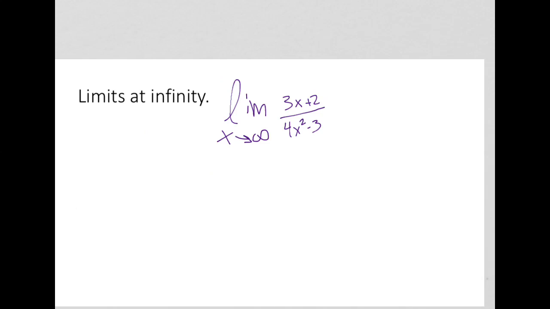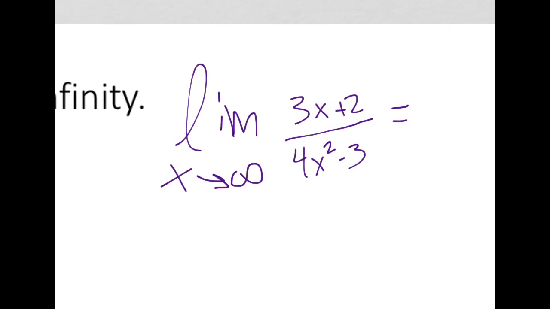So let's think about the limit as x approaches infinity of this function right here. Notice that the degree of the denominator is 2 and the degree of the numerator is 1. And in this instance, again, if you think about these functions, think about a few x values. So imagine the x value of, say, 10. Well, in the numerator, we'd get 32, and in the denominator, we would get, what, 397?